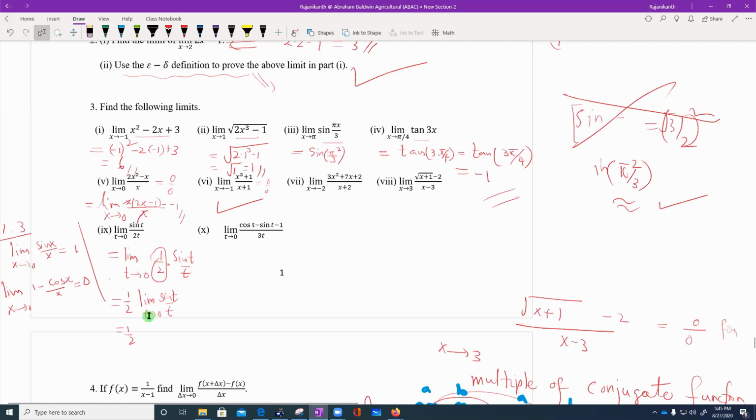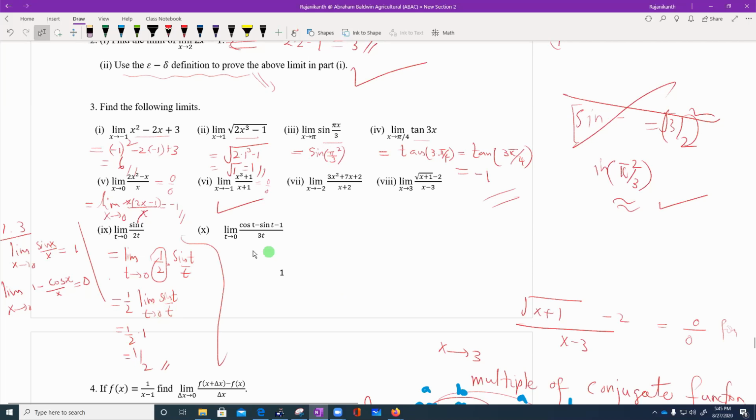The only thing is, instead of x now we have t. Doesn't matter, right? The function value is going with the same value. So the limit of sine t over t as t goes to 0 is equivalent to the limit as x goes to 0 of sine x over x. You may have any variable name here, but the answer is always going to be 1. So which is 1/2. Okay.